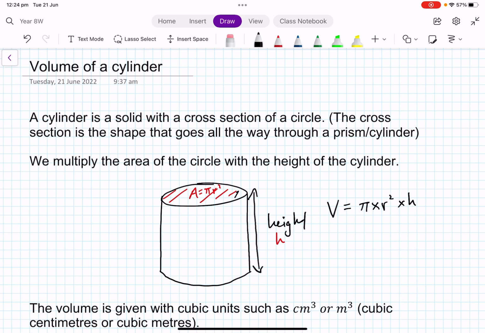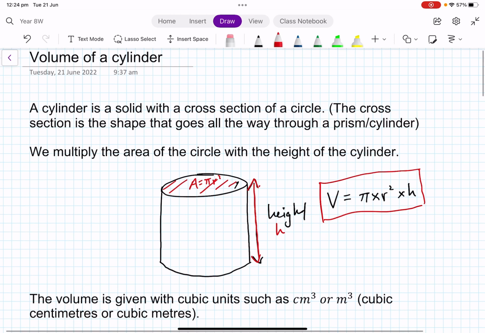That's for a full cylinder. If it's half a cylinder, with a semicircle on top, you just have to halve it. If it's a quarter of a cylinder, because it's a quarter circle on top, you do a quarter. But the volume is pi times the radius squared times the height of the cylinder.